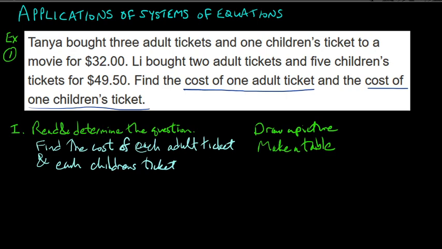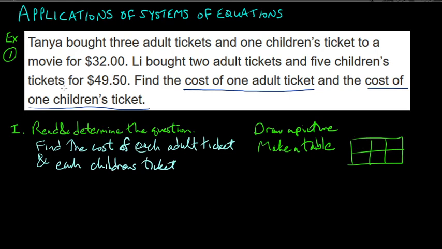And by table, I mean like a matrix, sometimes 2 by 3, 3 by 2, but something like this. And just try to fill in all the information that we're given.